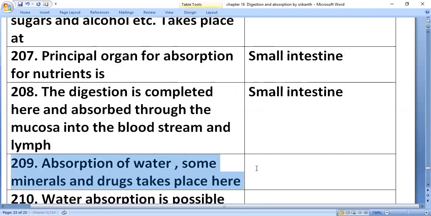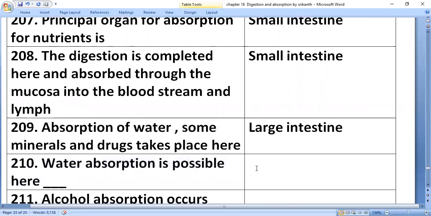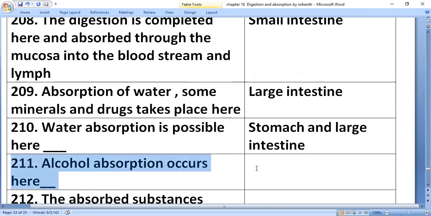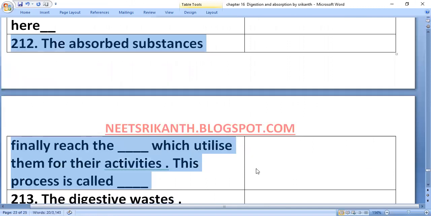Absorption of water, some minerals and drugs takes place in the large intestine.